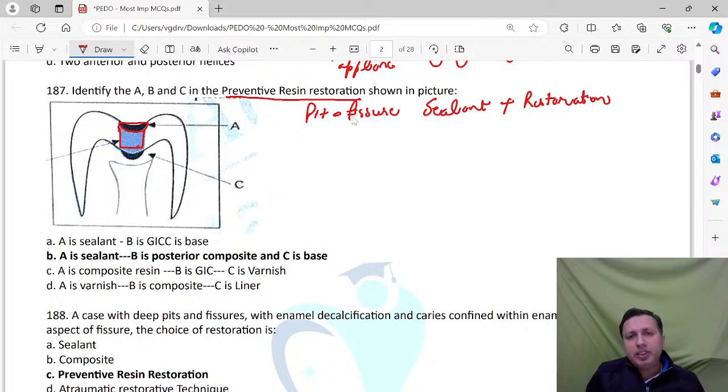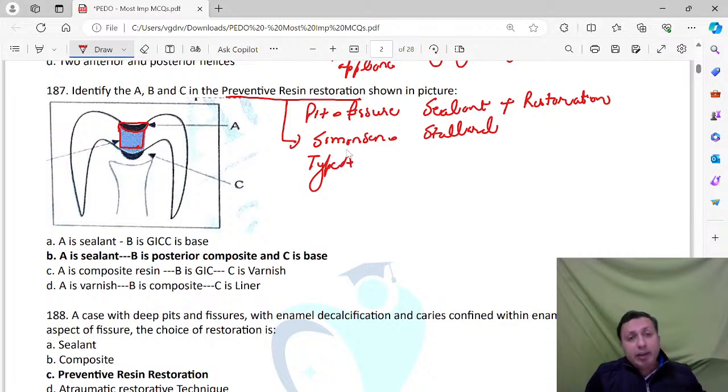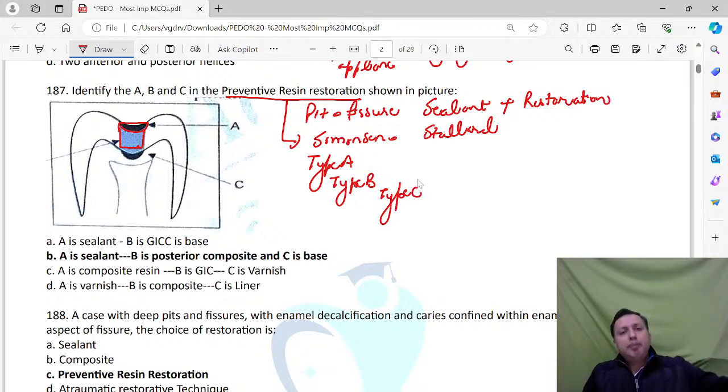This preventive resin restoration was given by Simonsen and Stallard, and they have divided it according to the depth of the lesion, that is the depth of the cavity generally we see, into type A, type B and type C. Type A where the caries is confined to the enamel, type B where the caries has extended to the dentine, and type C is called a deeply carious lesion. So in this case we can see that it's type C.